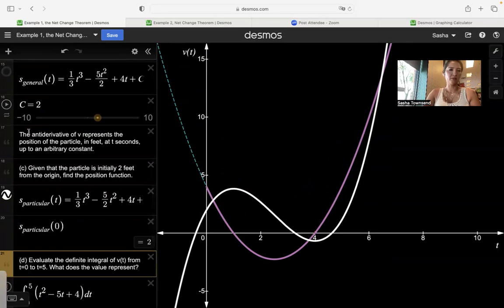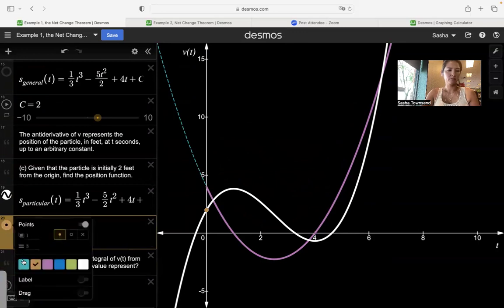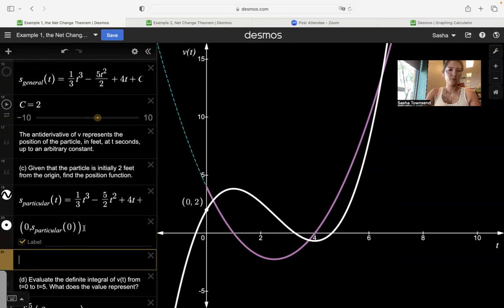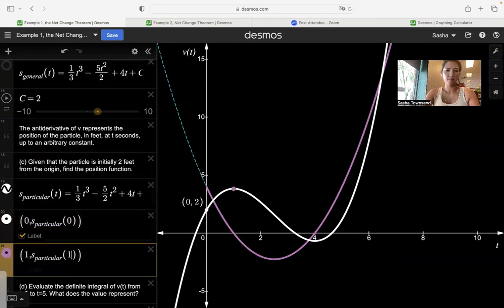So we could plot some ordered pairs. This is where we start. That's our initial position. And then at t equals 1, we're at a relative maximum. So our position is 3.833 on the s of t axis.